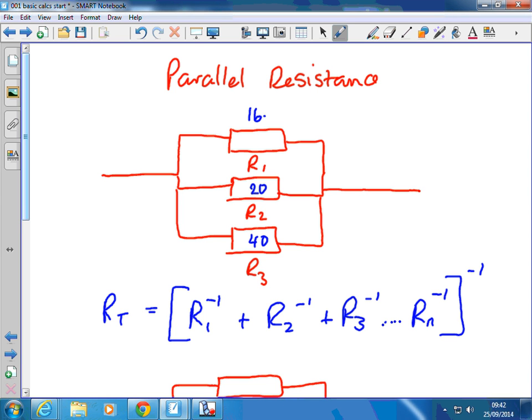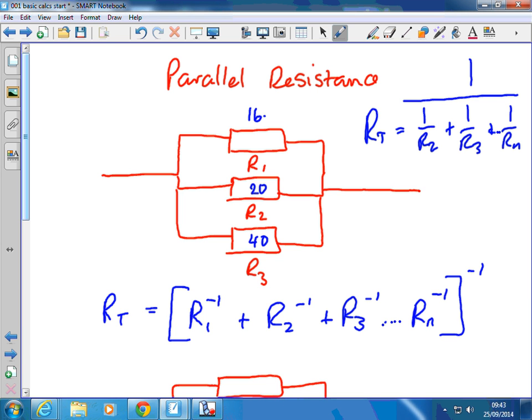Right? What you were saying is 1 over RT is equal to 1 over R1 plus 1 over R2 plus 1 over R3 plus 1 over Rn. Yep. But what students tend to do with that is they forget that it's 1 over RT that is equal to that, and they forget sometimes to take the reciprocal of the result to turn it into RT equals. So the way that should really be written is RT is equal to 1 over all of that.